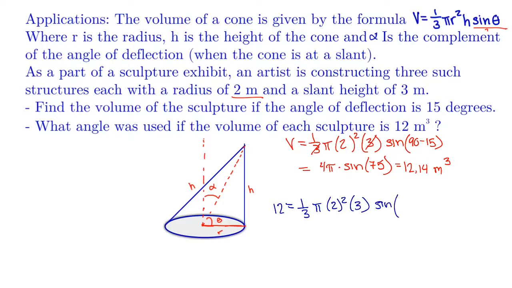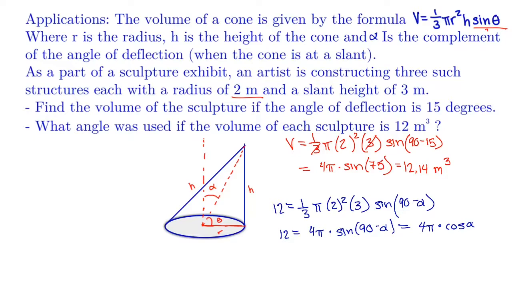But then we can use this formula right here of 90 minus alpha, and we can solve for alpha with that. So we know that this all simplifies to 12 is equal to 4 pi times sine of 90 minus alpha. And then remembering our complementary angles, we could also say that this is equal to 4 pi times cosine of alpha and use that as well.